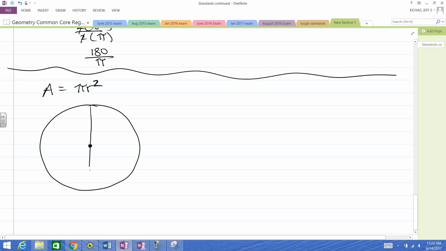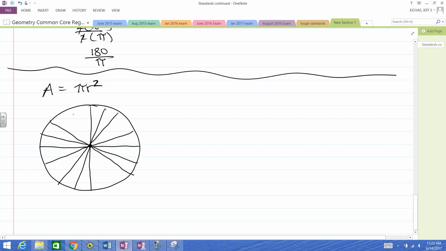Imagine I took a circle and I made a whole bunch of slices. Let's say we cut it in half 3 or 4 times. Let's imagine that we did that. Let's say these are all perfectly cut in half, which they're not. And I rearrange these slices, right?